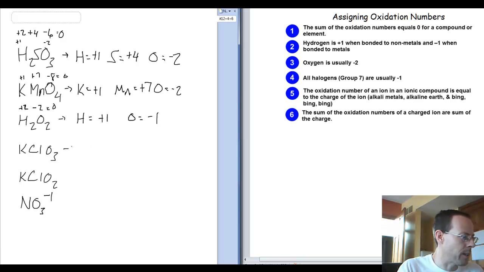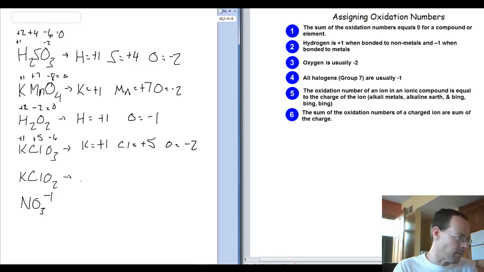Our next one is potassium chlorate. We have K, Cl, and O. K we've already looked at above, it's a +1, and O is a -2, but there are 3 of them, so I'll put -6. So in this case, chlorine must be a +5. However, here we have potassium chlorite.